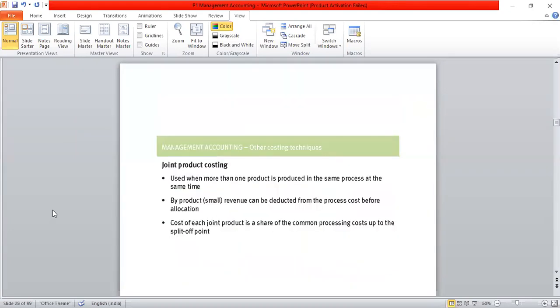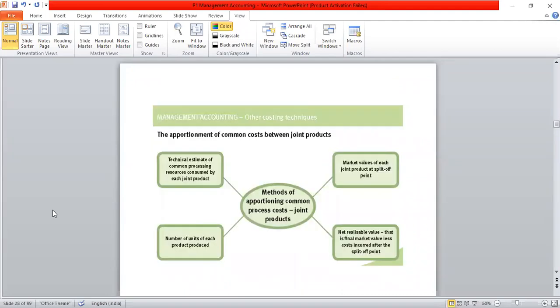Apart from this, we also have other topics like joint product costing. Then we have apportionment of the joint cost between the joint products. So there are methods. I do not know where is the sequence of these questions, because immediately after that some other topic has started.